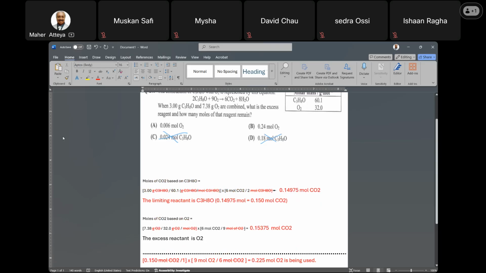Somebody tell me. Our answer is correct. Here it is. That's the excess, and the other one is limiting. This is limiting here, guys. The 0.06 mole of excess is left over. Let's speak about the excess. The excess is oxygen and the leftover is 0.06.